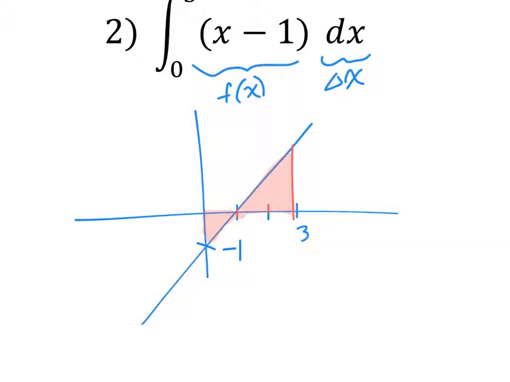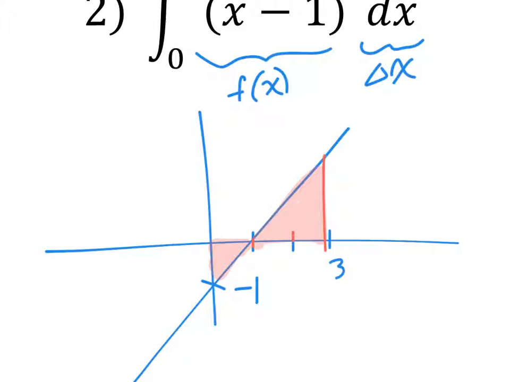Remember that anything that is above the x-axis is positive, anything that's below is negative. So basically we have two triangles. One is positive, one is negative, so we have to add them together. Let's figure out the positive area first. How do you find the area of this triangle? You have to know the height, right?